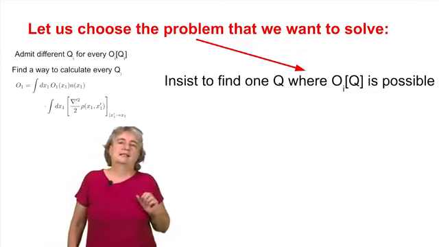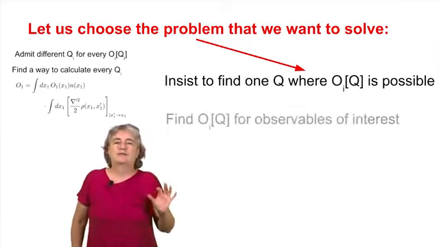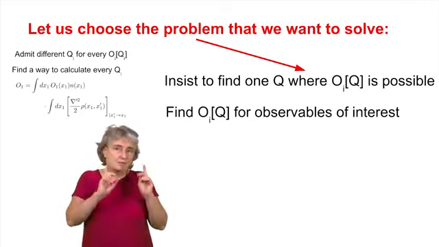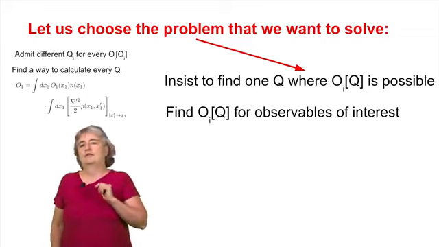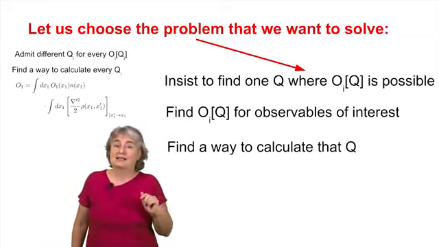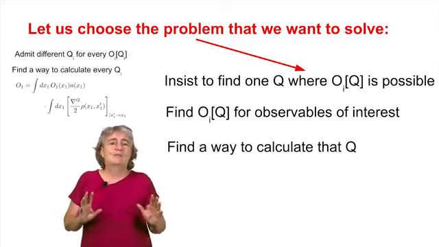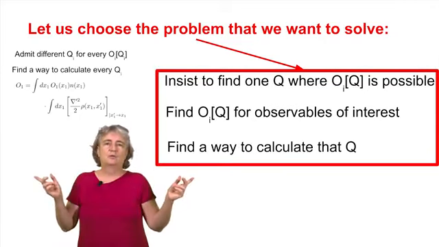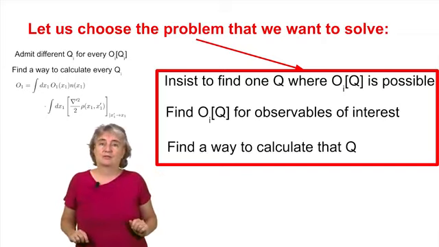Now, in this case, it is clear where some hard work goes. We still have to find the expression for our different observables in terms of this one elected quantity Q. And we should not forget that, of course, we also have to calculate that quantity Q itself somehow. But at least this problem has to be solved only for one Q. Between the two ways to go, this is the choice that we make in this course.